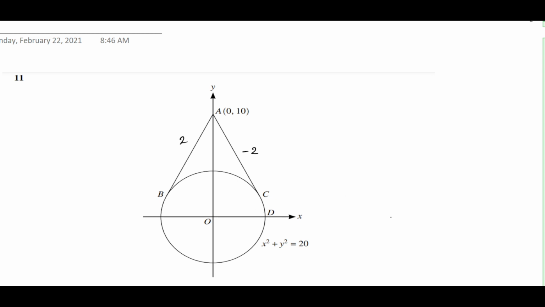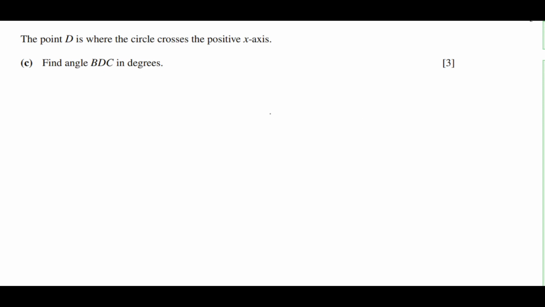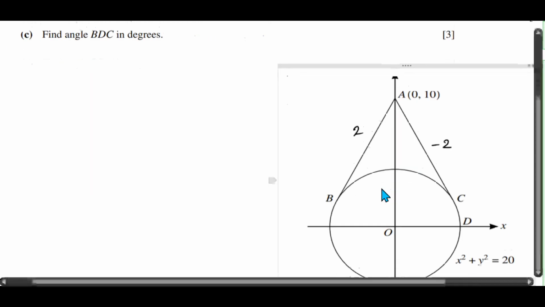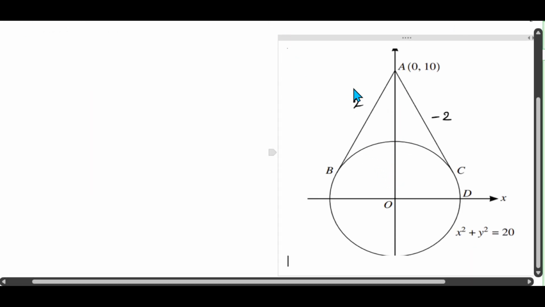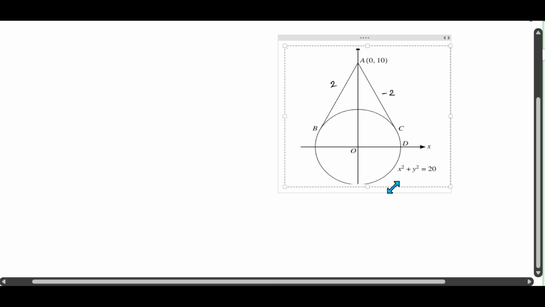Okay, let us move this portion of the diagram to our problem, then it will be a little easier for us to calculate.